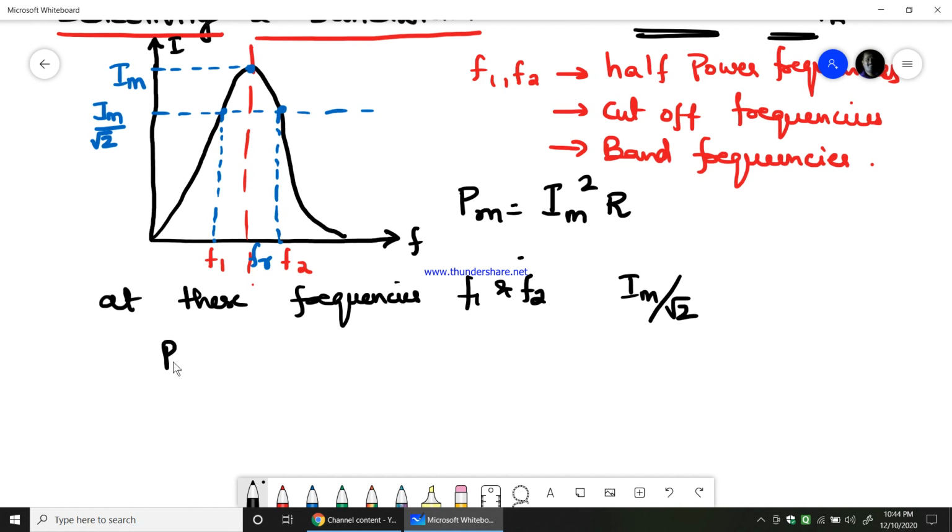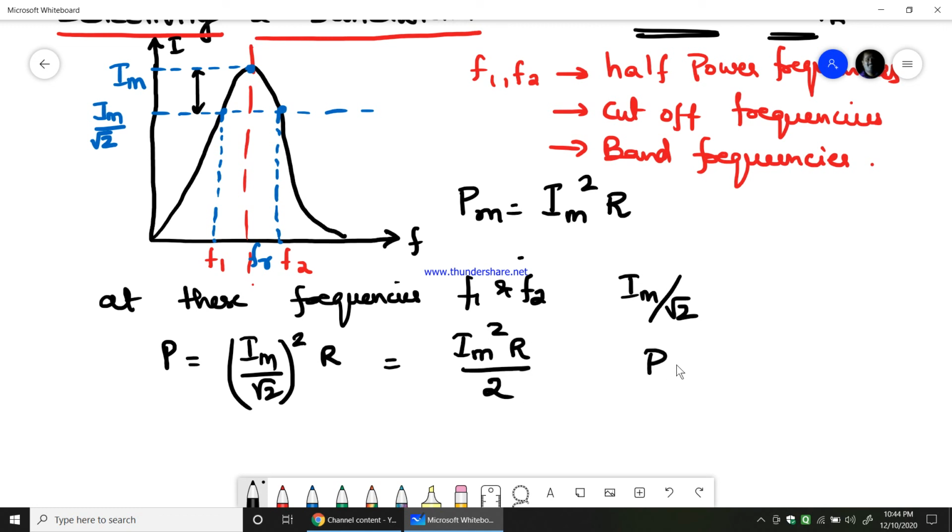Therefore the power at the half power frequencies F1 and F2, where we took the minus 3 dB line, would be Im by root 2, the whole square, into R, which equals Im square R by 2.